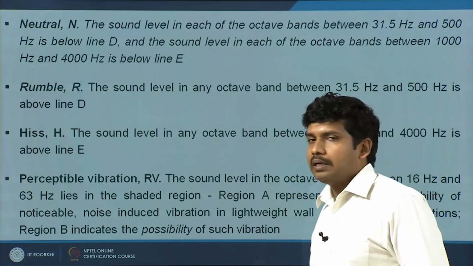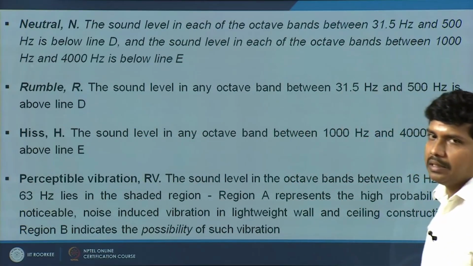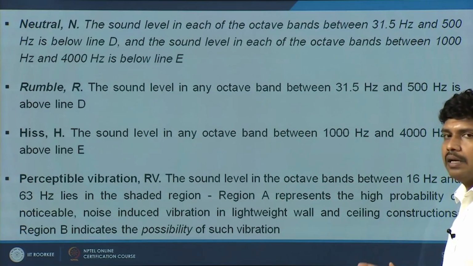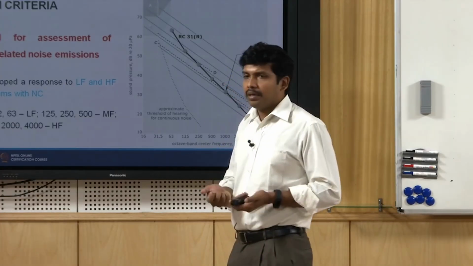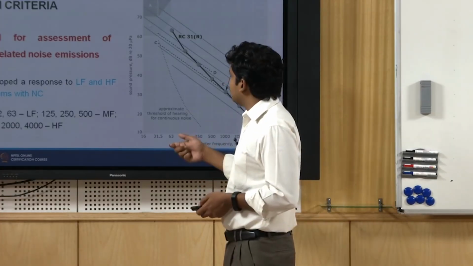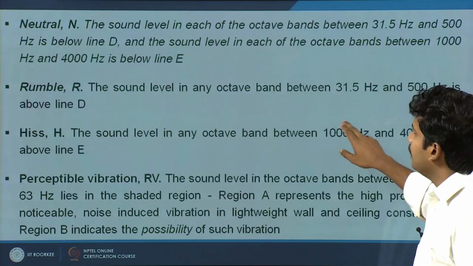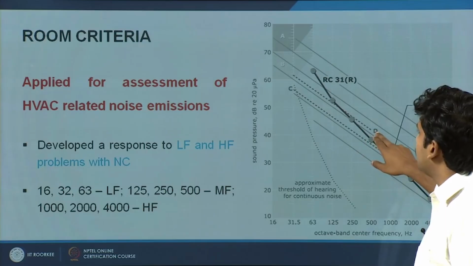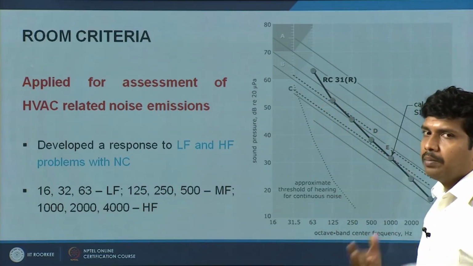There are 2 important criteria: one is rumble, the other is hiss. Rumble is a low frequency indicator and hiss is a high frequency indicator. Say you are keeping a spectrum analyzer and measuring. If your low frequency sound pressure levels exceed this particular dotted line D, it will indicate you are going to have a rumbling sound.